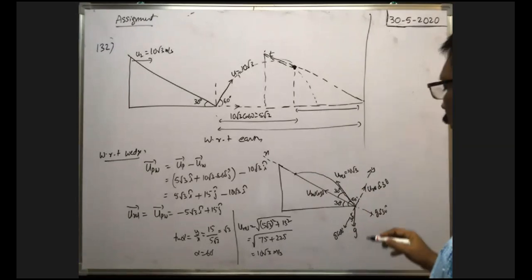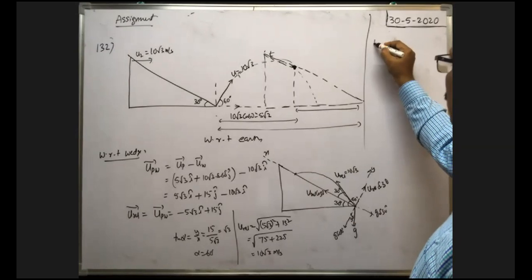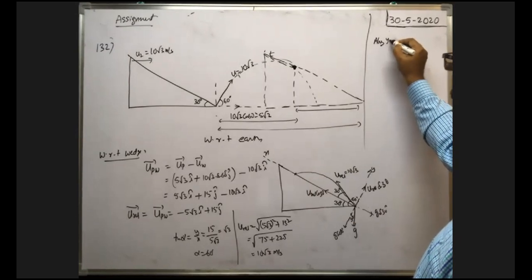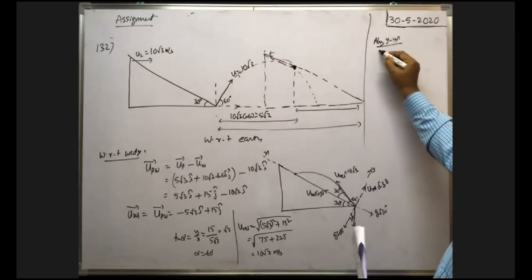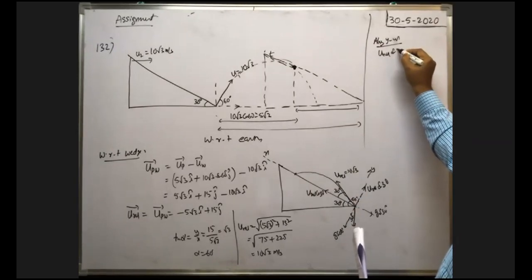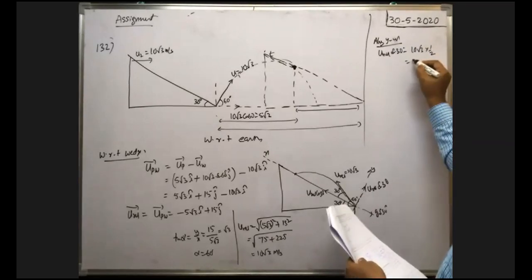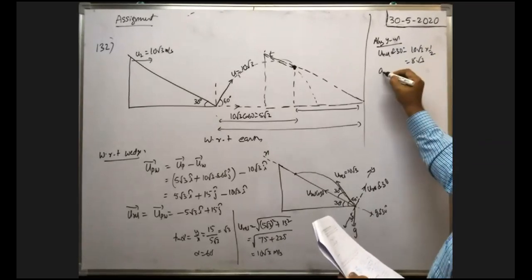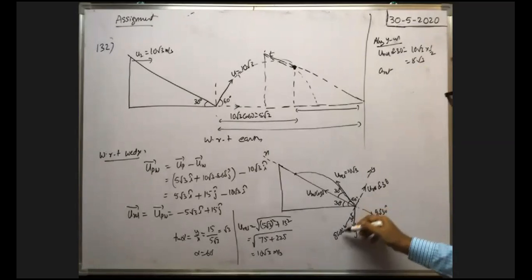Okay. Now along y-axis, initial relative velocity along y-axis is equal to u relative into sine 30. U relative is 10 root 3, sine 30 is 1 by 2. That is 5 root 3. Initial relative velocity component is vertically upwards, but acceleration is in downwards direction.